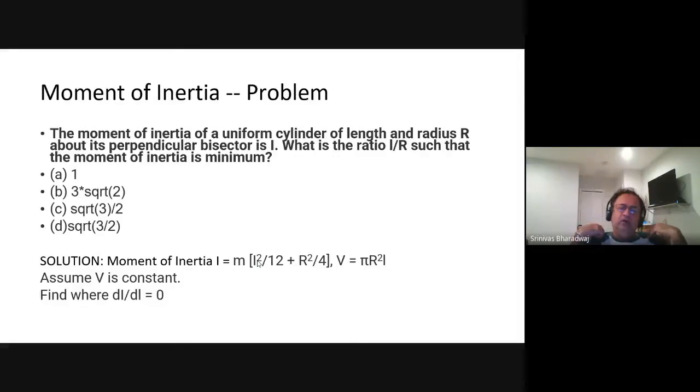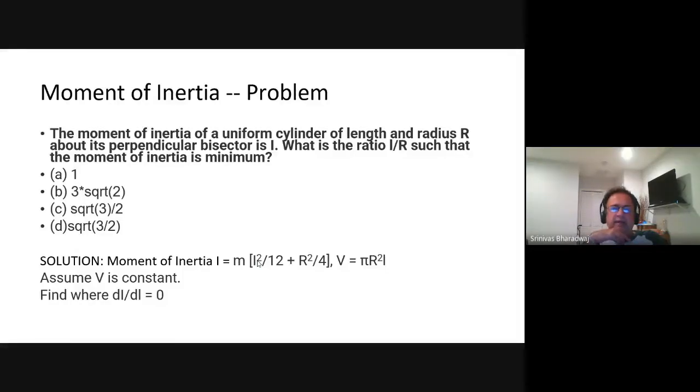Now V is equal to pi R square L, that is the volume of a cylinder. The moment of inertia about its perpendicular bisector is I, so I is equal to M times L square by 12 plus R square by 4.